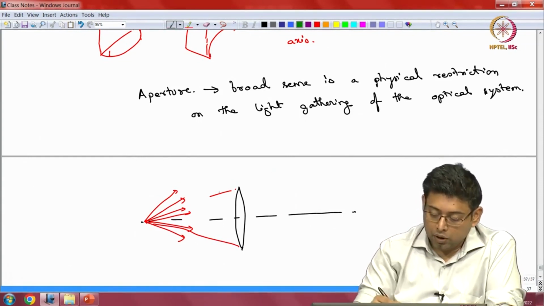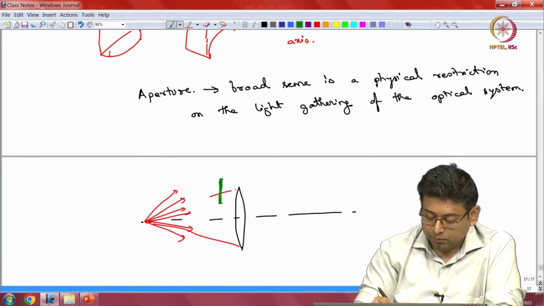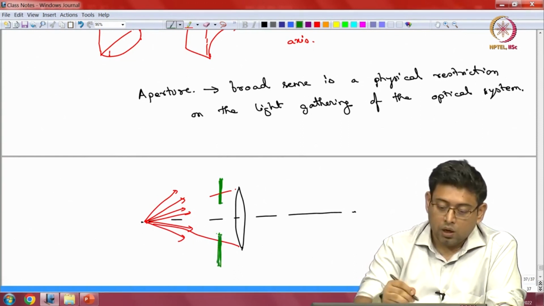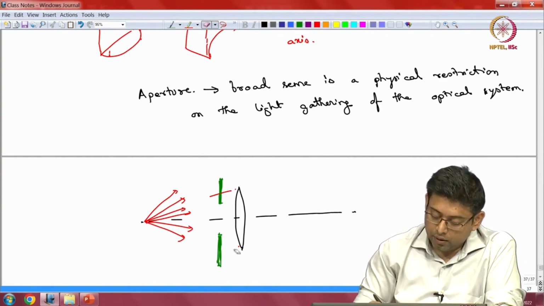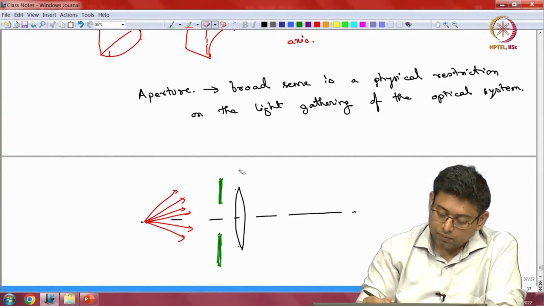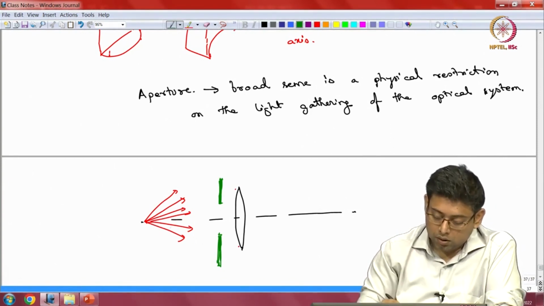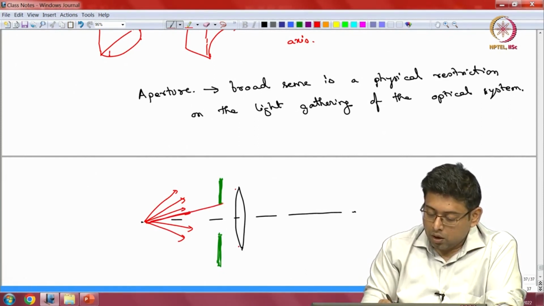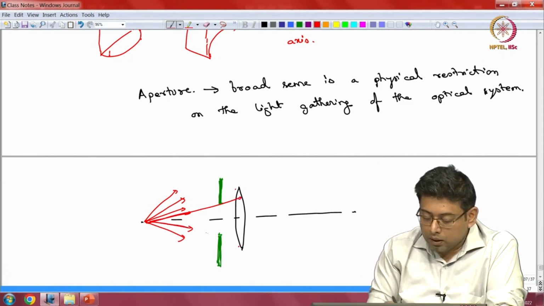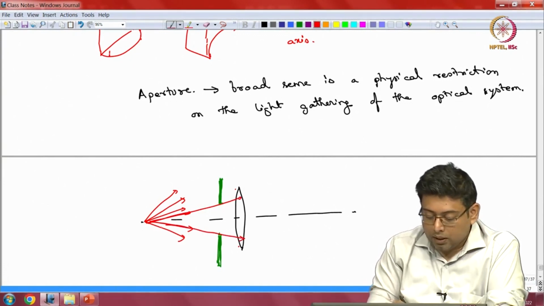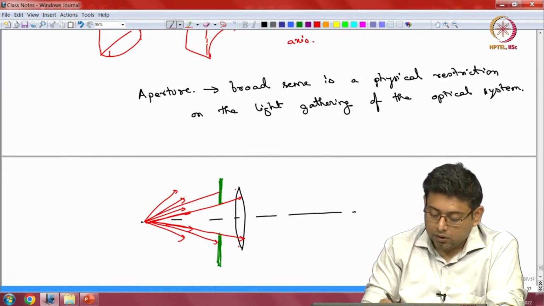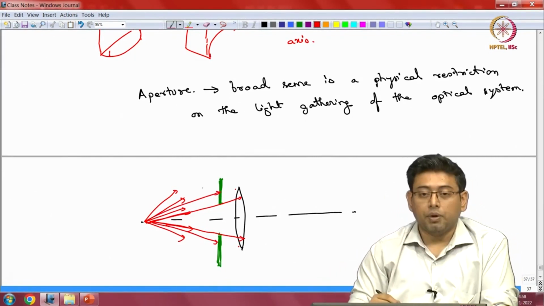But what you can do is put a geometrical obstruction such that this light ray can no longer pass. Okay. So, only the rays that are passing through this opening will pass, all the other rays will be obstructed. So, these rays are obstructed. So, this is an example of an aperture.